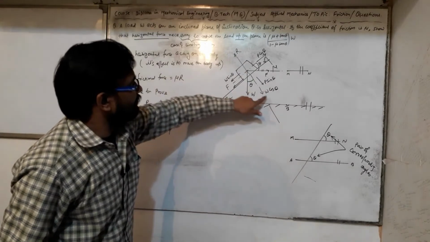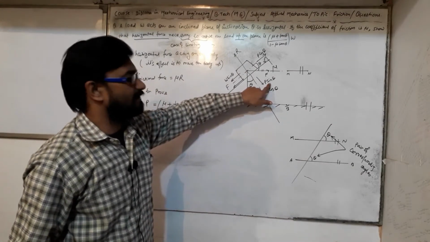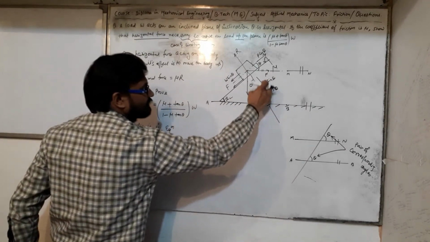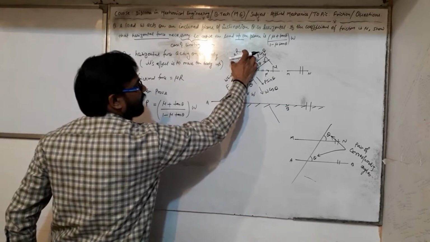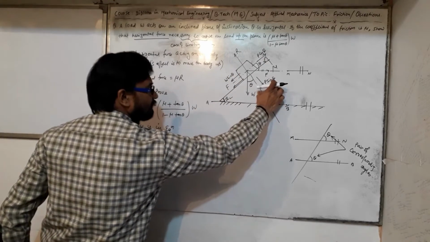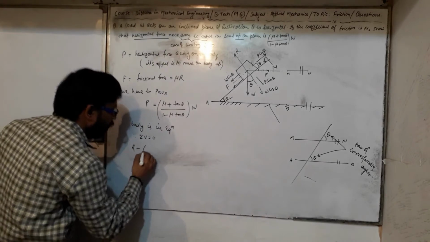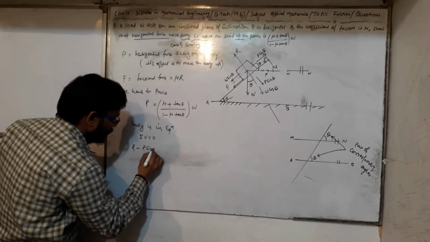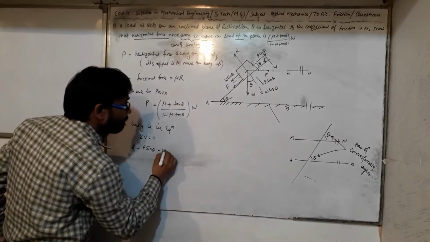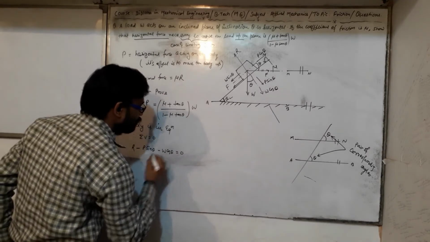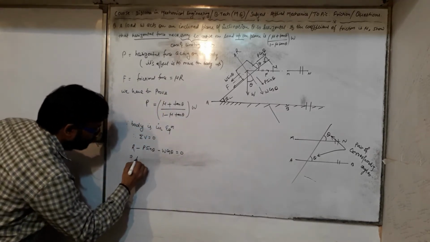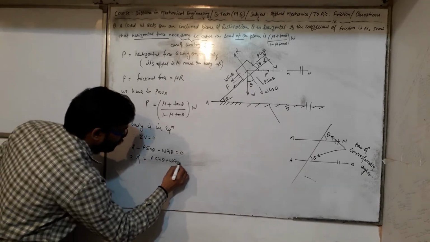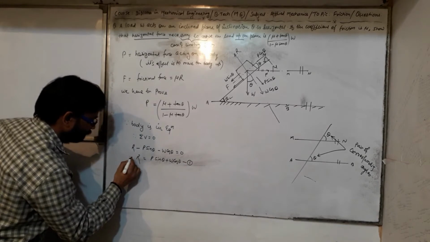One is R, another is W cos theta, another is P sin theta. So R is acting opposite to the direction of these two forces. If I am taking R as positive, then these two must be taken as negative. So R minus P sin theta minus W cos theta must be equal to 0. Transposing these two, R would be equal to P sin theta plus W cos theta. Let us say it is equation 1.